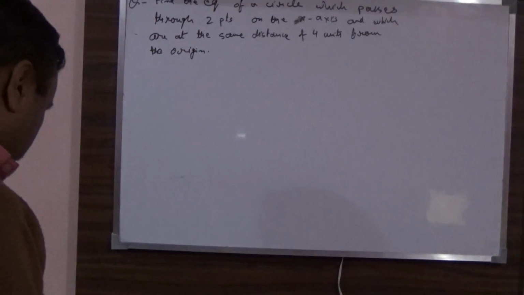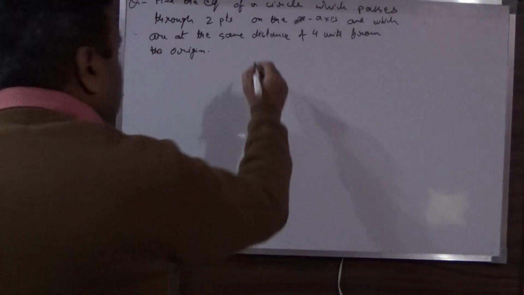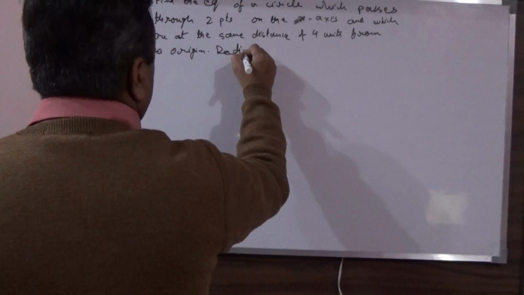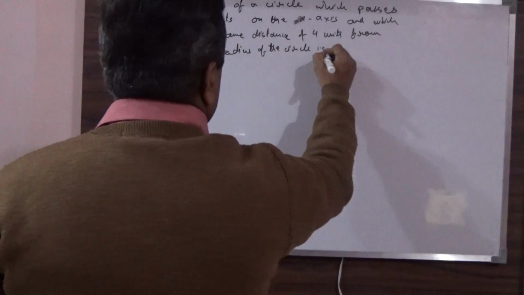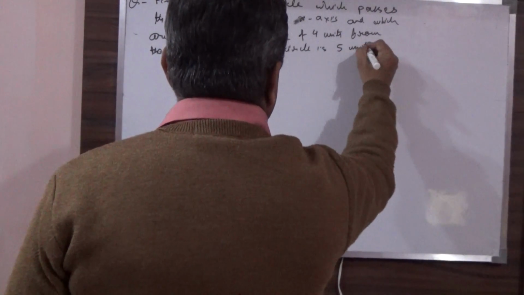And it is also given that the radius of the circle is 5 units.